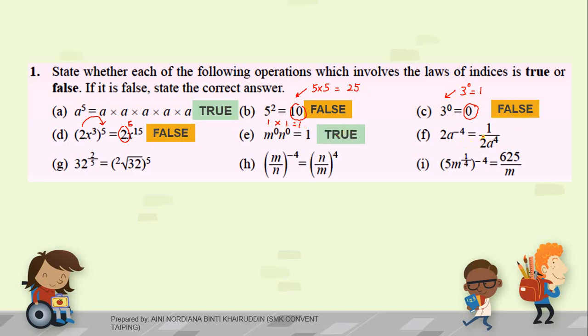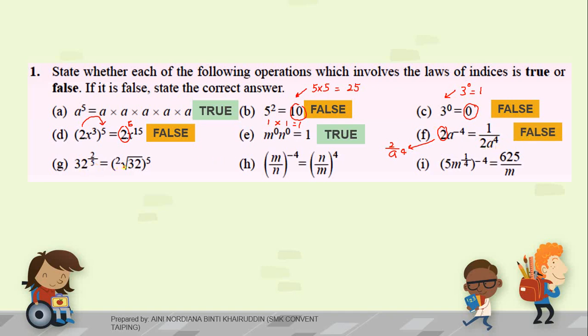This is false because 2 does not belong to a to the power of -2, -4 here. So 2 here remains unchanged. So it should be 2 to the power of a over 4, not 2 to the power of 2a over 4. So this is false.